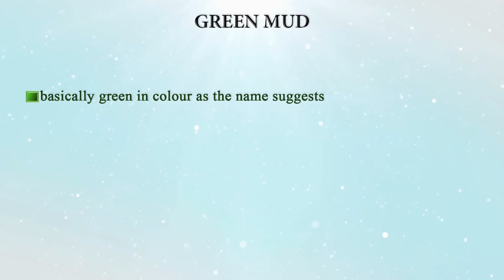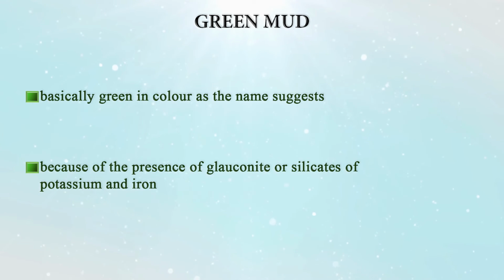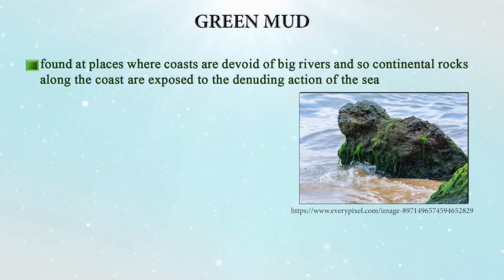Now what is green mud? This is also green in color, so the name is given green mud, and it is because of the presence of glauconite, or silicates of potassium and iron, which is found in them. That is imparting the green color, and these are found especially at places where coasts are devoid of big rivers, and so continental rocks along the coast are exposed to the denuding action of the sea.